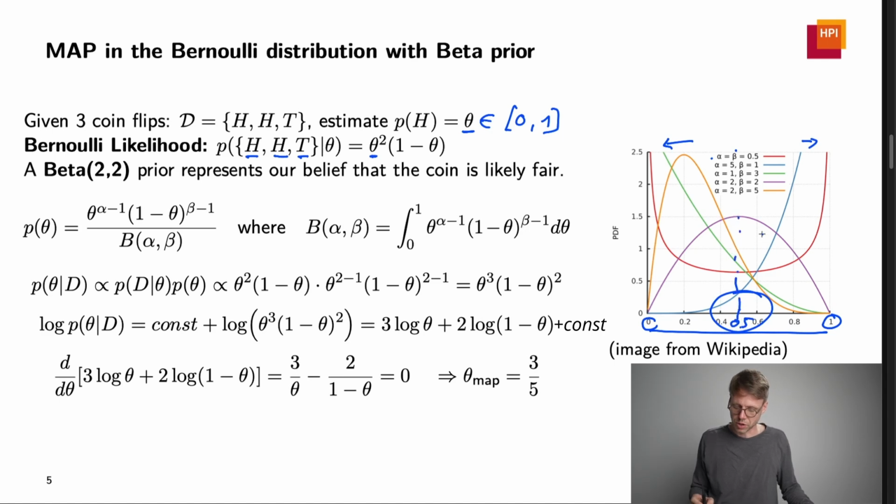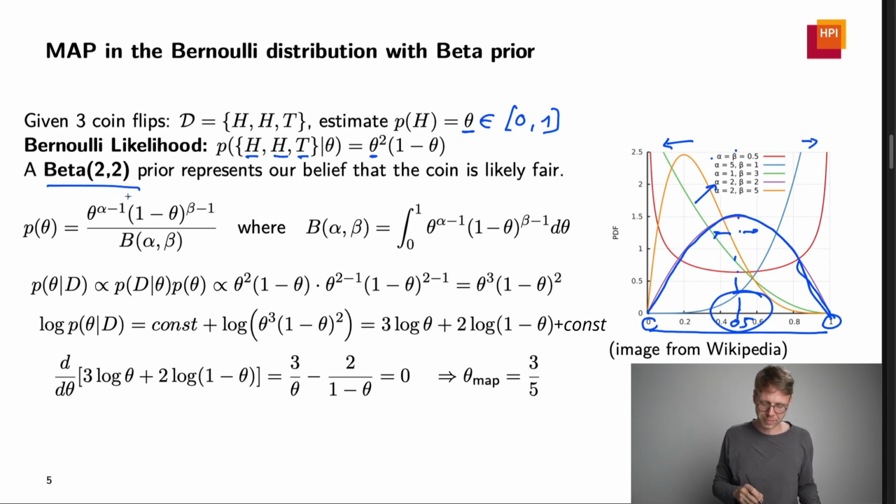Of course, no coin is perfectly fair, so we put a lot of probability mass around that, and that we get, for example, by this beta distribution that has here alpha equals 2 and beta equals 2. That's exactly the one that we will use in our example. So let's compute the maximum a posteriori estimate using this beta distribution, so the beta 2, 2.